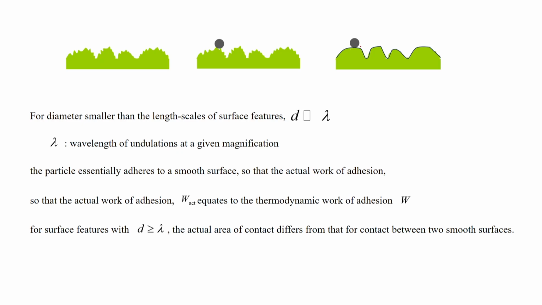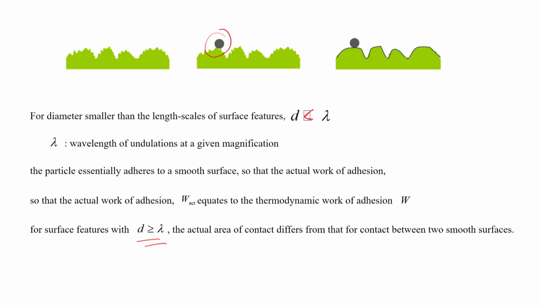When the diameter is smaller than the wavelength, it is a smooth surface. When the diameter becomes greater than or equal to the wavelength, only then does the particle see the roughness. For example, in this case, the particle sees the roughness because these features have a wavelength smaller than the diameter of the particle. So, that is the point to consider.